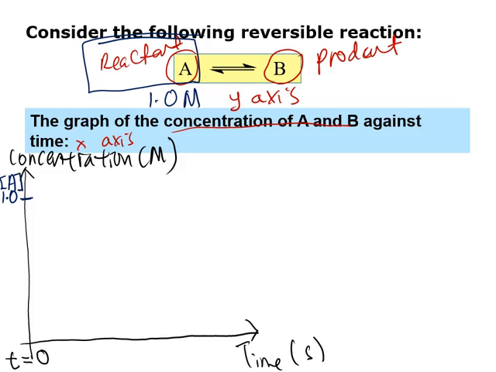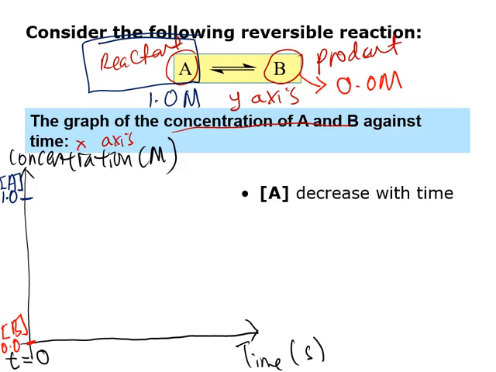While concentration of B initially, permulaan eksperimen, ada tak B ni terbentuk dalam bekas kita? Tak ada lagi. So, 0.0 molar. So, concentration of B is 0.0 molar at this point. So, when reaction takes place, apabila tindak balas mengambil tempat, maksudnya bertindak balas bahan-bahan awak ni, so A akan berkurang.